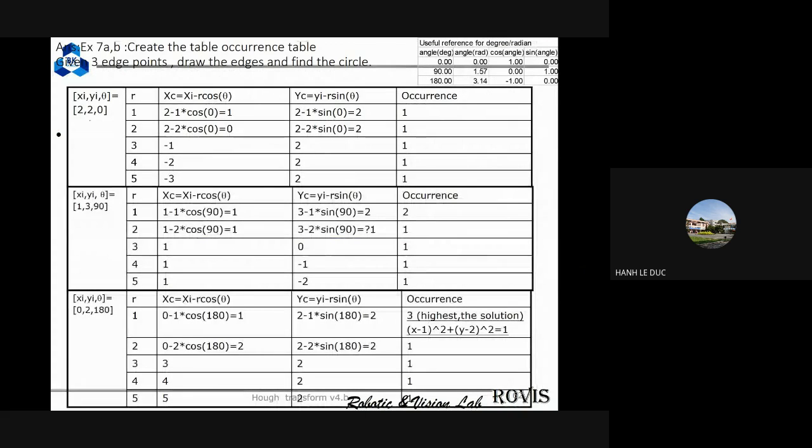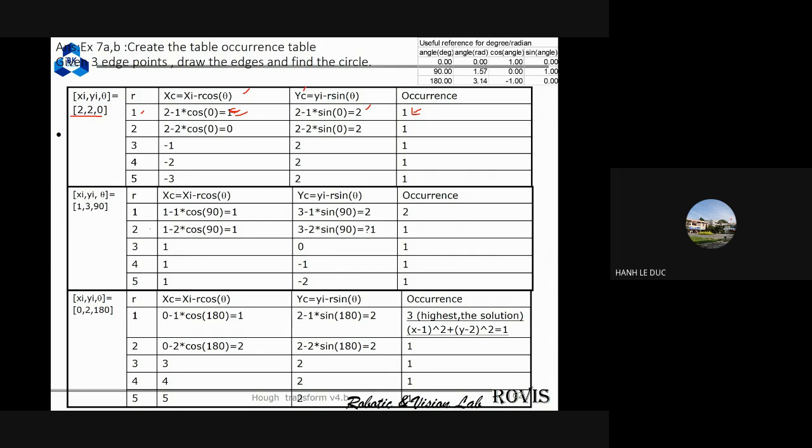Okay, so here the first is this one, and we have the number here. And this one is xc equal to 2, and this is equal to 1, so it appears one time.